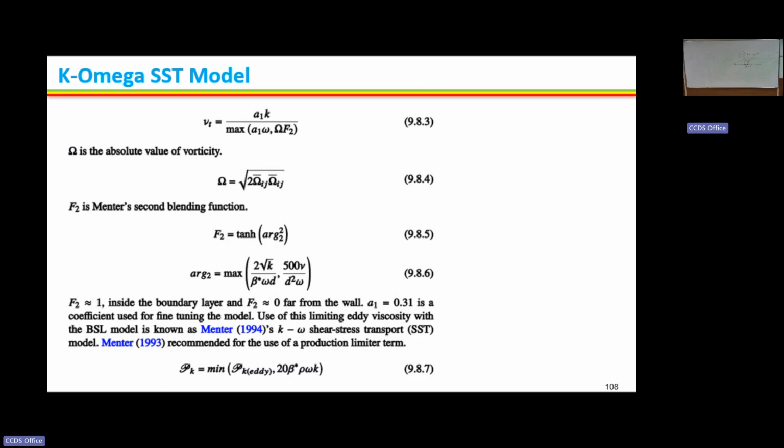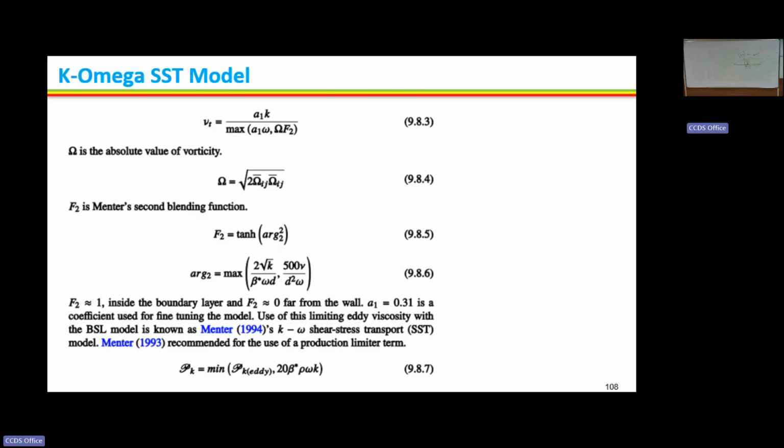First he finds the eddy viscosity production, just the traditional way we are finding the turbulence production. The minimum between 20 beta star rho omega k, and the production based upon the eddy viscosity model, that means nu t into the gradient of the velocity. Whichever is the minimum, that is the limited production used in the model. And this version of Menter's model is known as the k omega SST model.